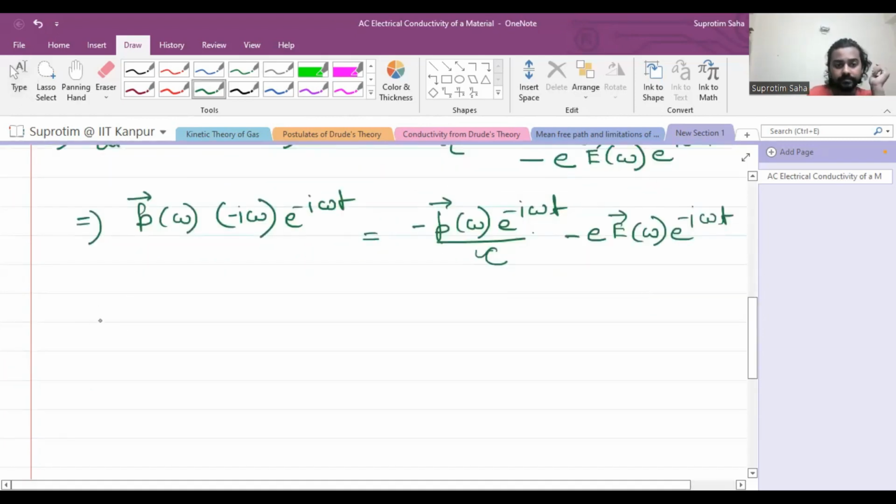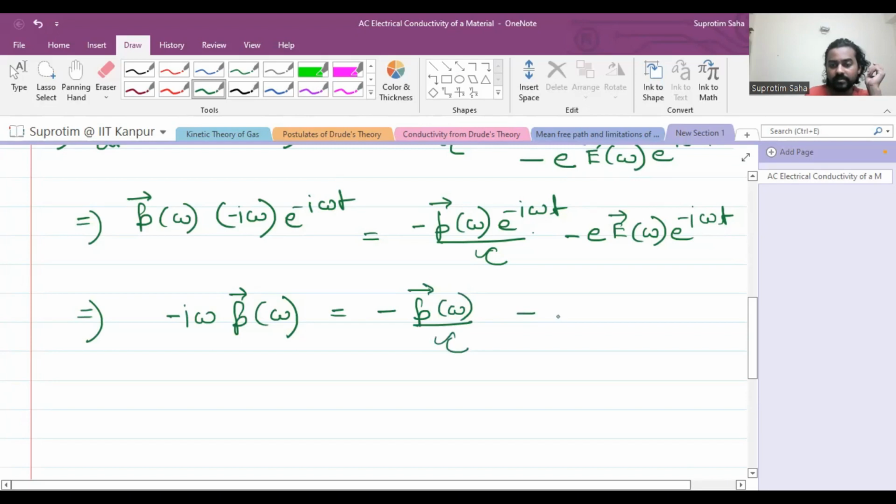So cancelling e raised to minus i omega t on both sides, minus i omega p of omega is equals to minus p of omega over tau minus e times E of omega.